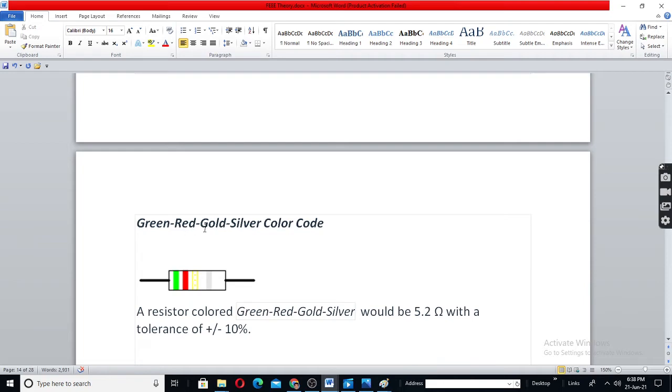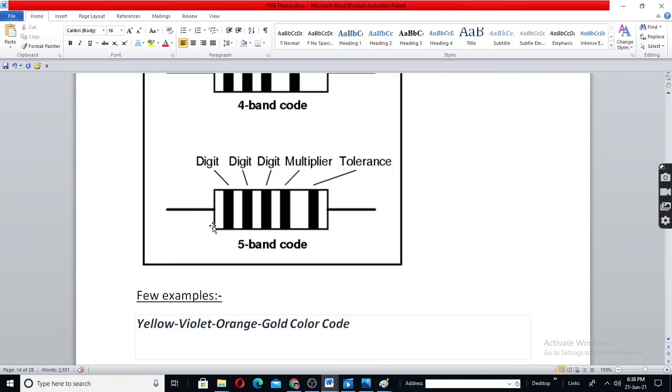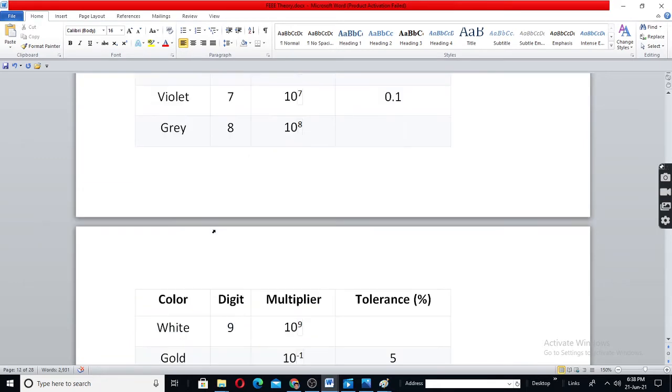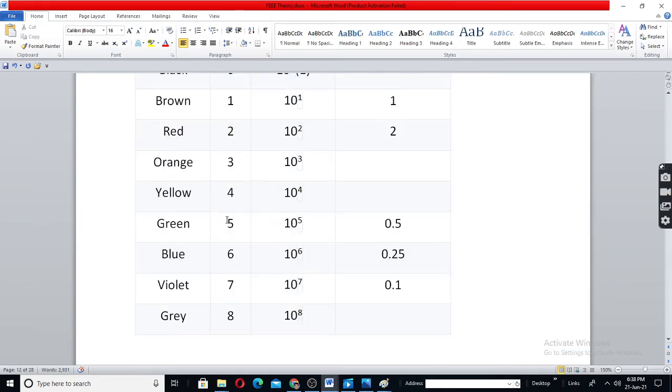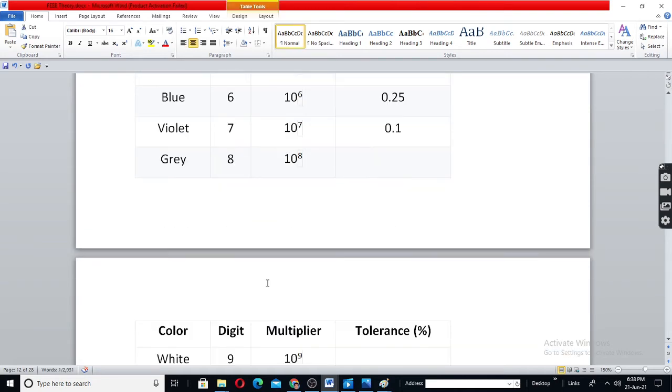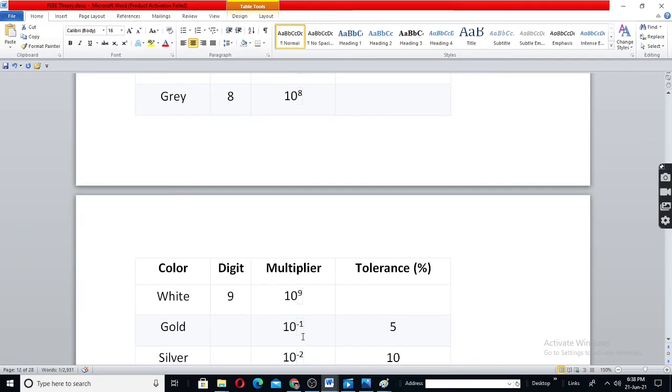Similarly, green, red, gold, silver. Green 5, red 2. Gold is used for multiplier 10 to the power of minus 1.